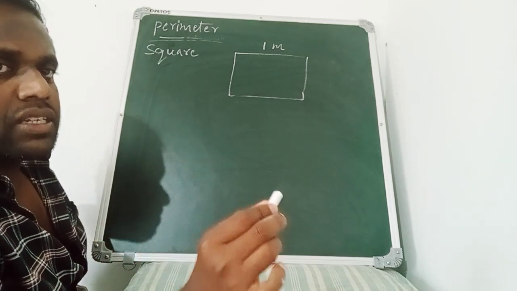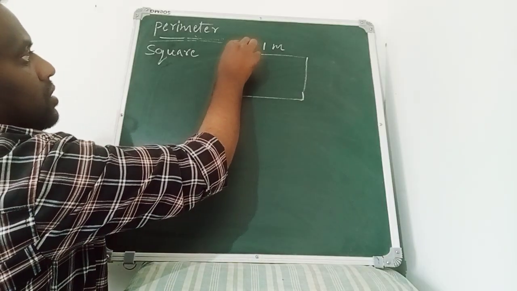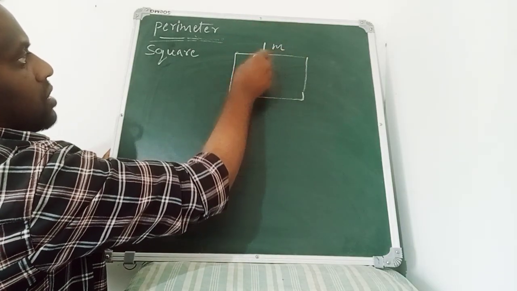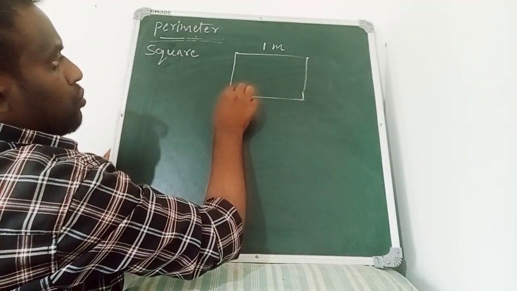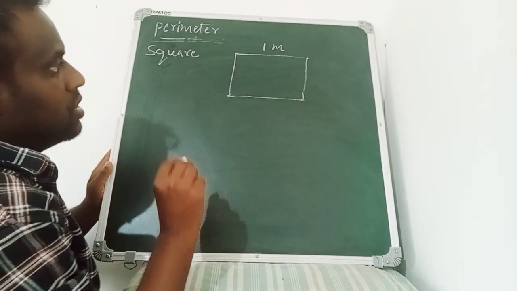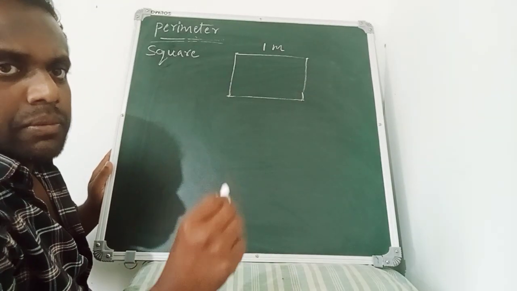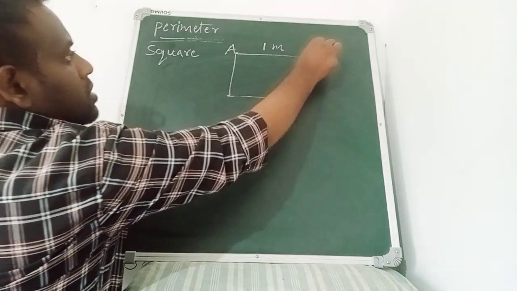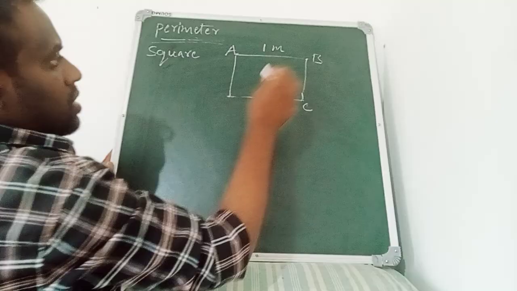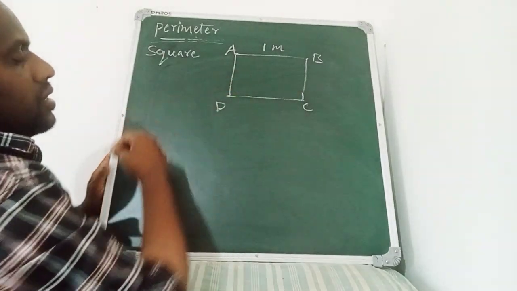You have to label the sides. That means there are four corners: 1, 2, 3, 4. So 4 corners. You have to label them. That means you mention them with letters like A, this is B, this is C, and this is D. Okay.